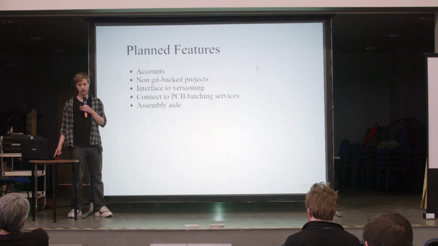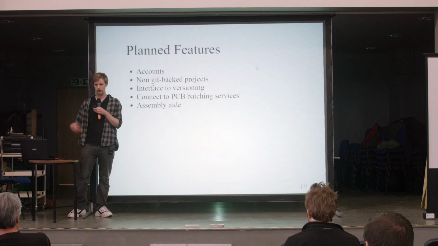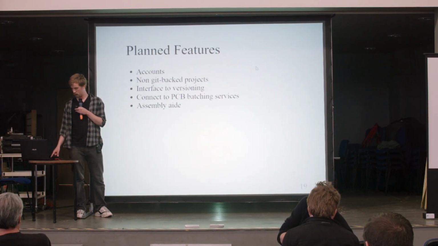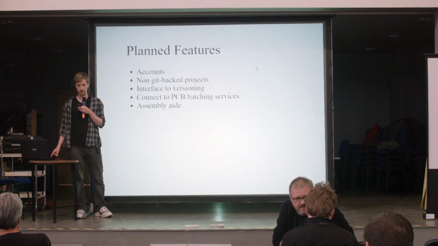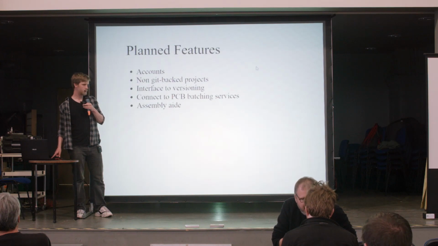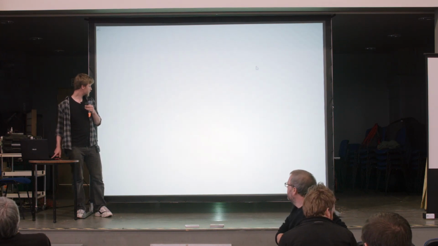We could connect more directly to PCB batching services, so you don't need to just download the files, you could just click on it and order it. I had an idea for an assembly aid that could go on the site, which I've mocked up, but there's no picture for it.